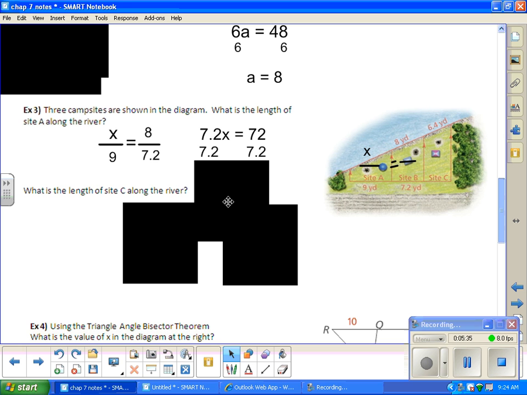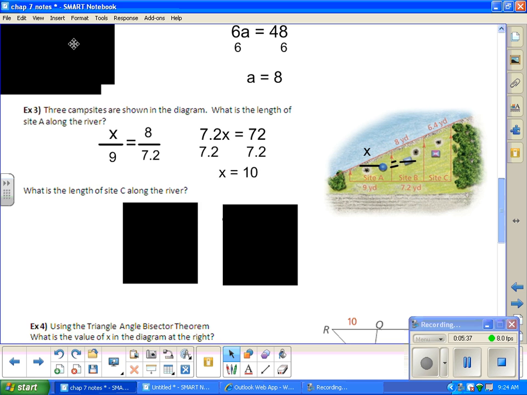I go ahead and divide both sides by 7.2, and I end up with x equals 10. So now we want to find out what is the length of site C along the river. So instead of putting the x here, I'm actually going to put it here. And then what do you think I'm going to do? I'm going to go ahead and put my fraction bar and move my equal signs.